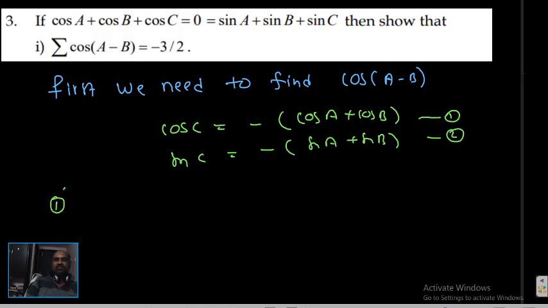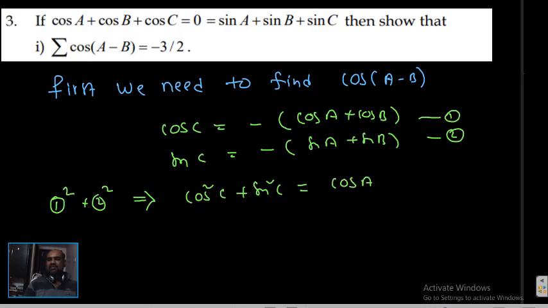That's what I am doing: 1 square plus 2 square. That implies cos square c plus sin square c is equal to minus x whole square, which means x square only. What I can write: (cos a plus cos b) whole square plus (sin a plus sin b) whole square.